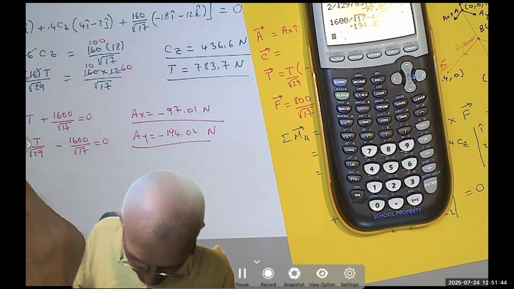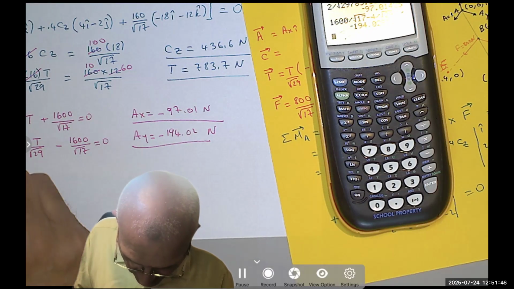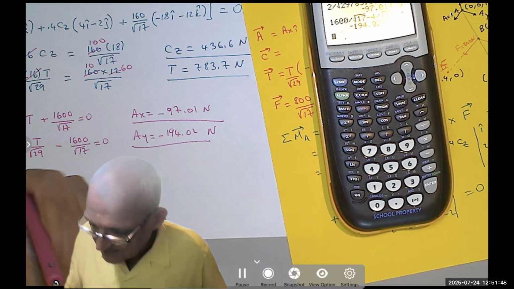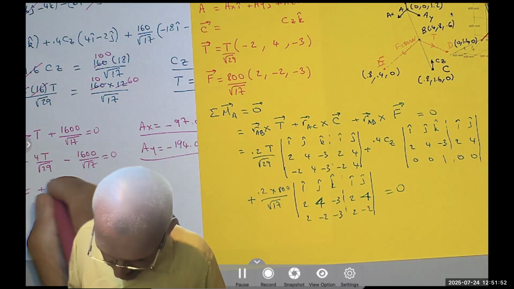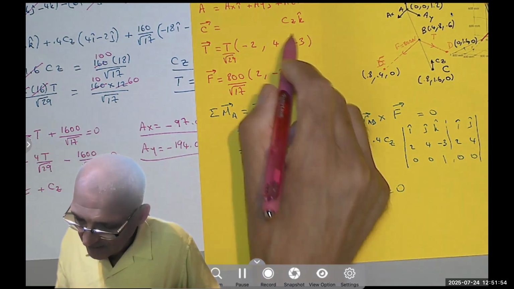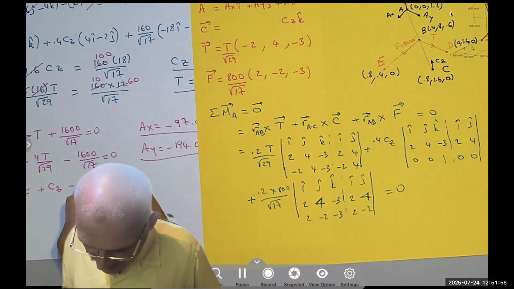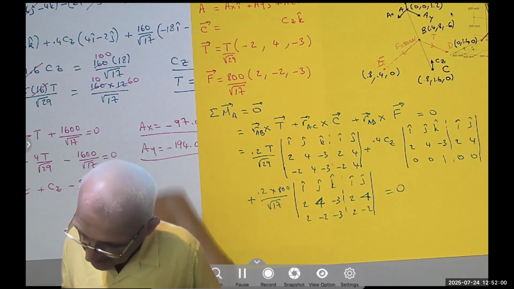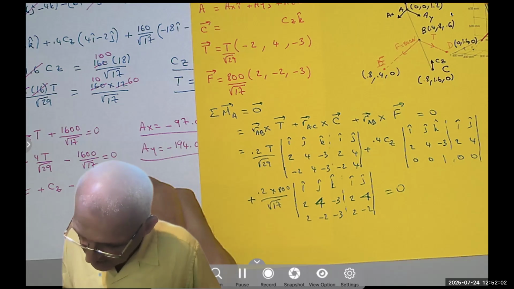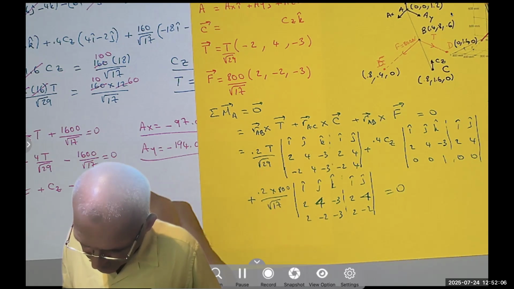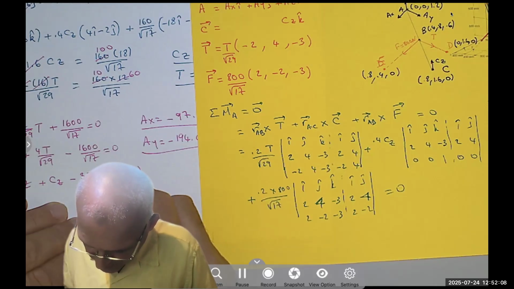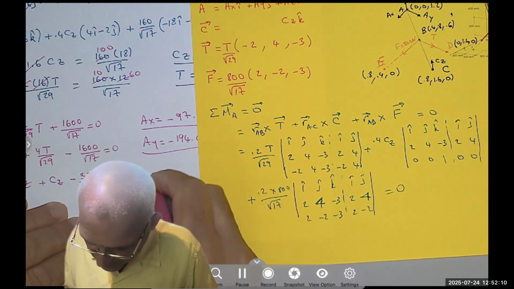And finally, summation of the forces in the z equals 0. I have A sub z, and then I have C sub z, and then I have negative 3T over root 29, and then I have negative 3 times 800, so 2400 over root, oops, I'm sorry, root 17 equals 0.